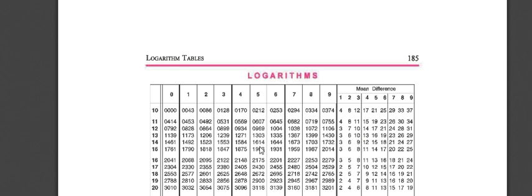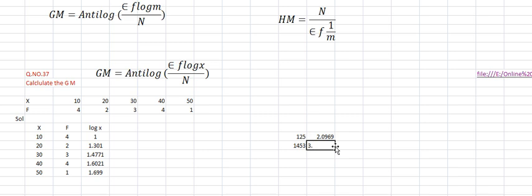So add 1614 plus 9. What is the total? The total is 1623, that you have to write: 0.1623. So this was the example that I gave you. Based on this you have to find.